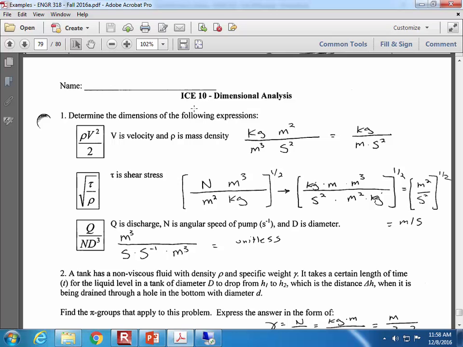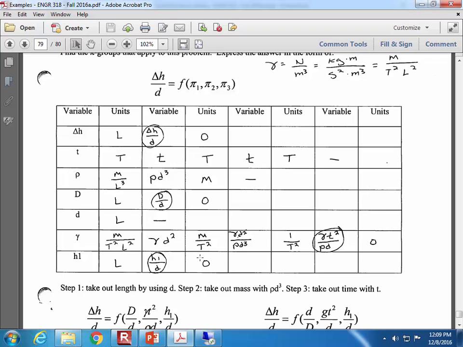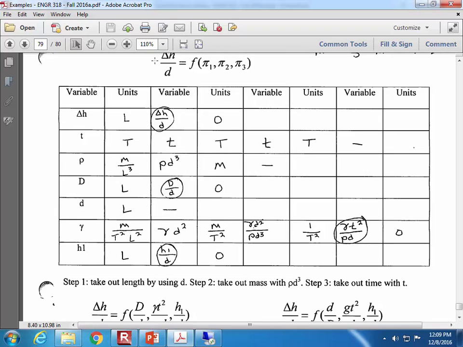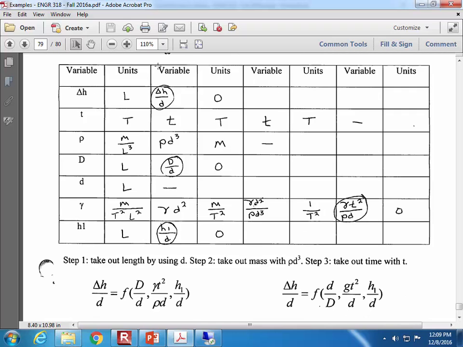This first part's just to get you thinking in terms of units. All right.